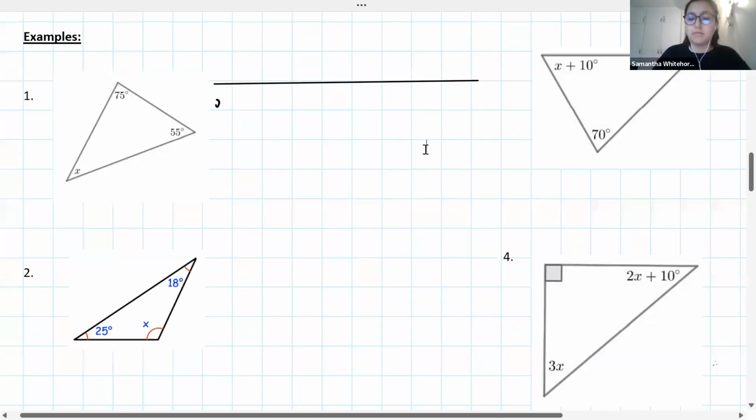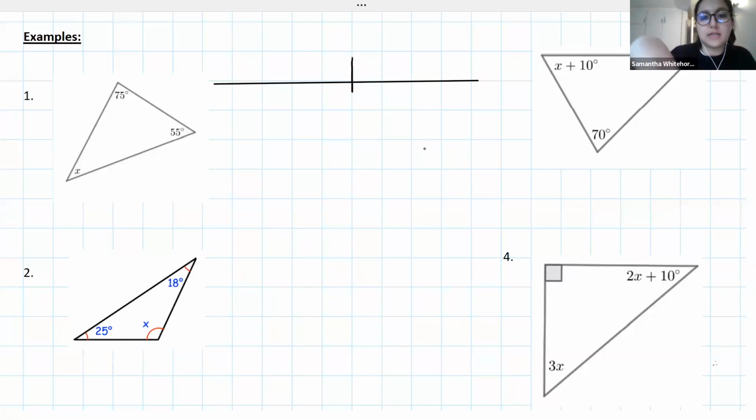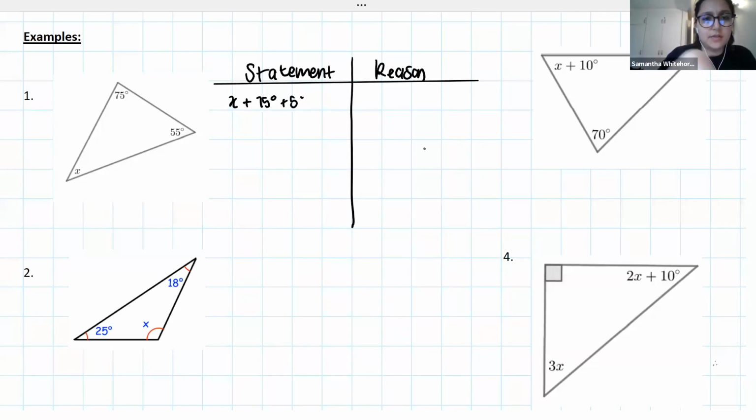More space makes sense. So guys, nice and easy, this one. We're just adding up our angles. We know that all 3 angles in a triangle add up to 180. That's all we need to do here. x plus 75 plus 55 must give us 180 degrees. Remember, again, reason: sum of angles in a triangle. We spoke about this on Monday.